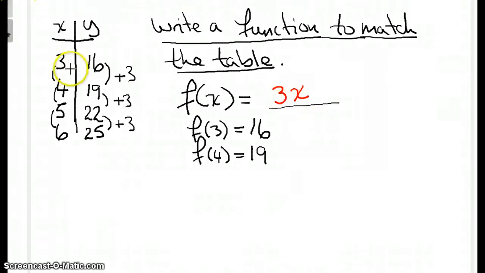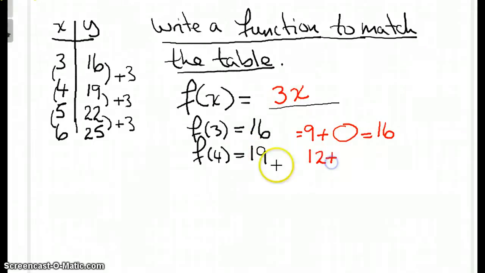So let's go back. Now we have 3 times 3 equals 9. 9 plus something has to equal 16. 3 times 4 is 12 plus something has to equal 19.